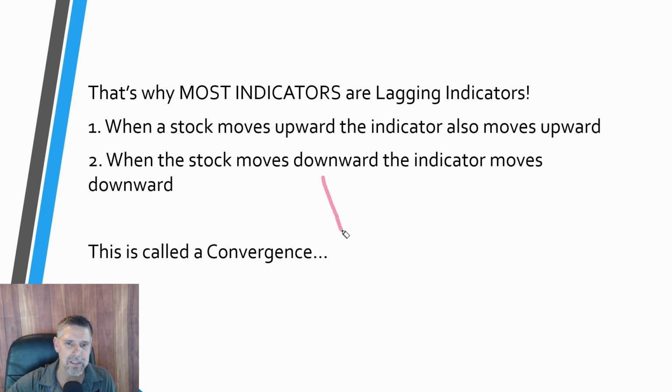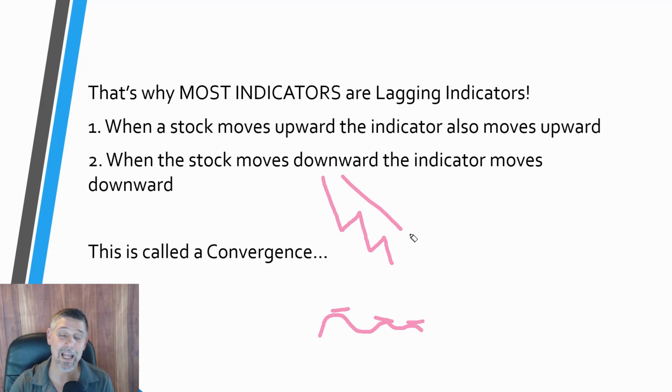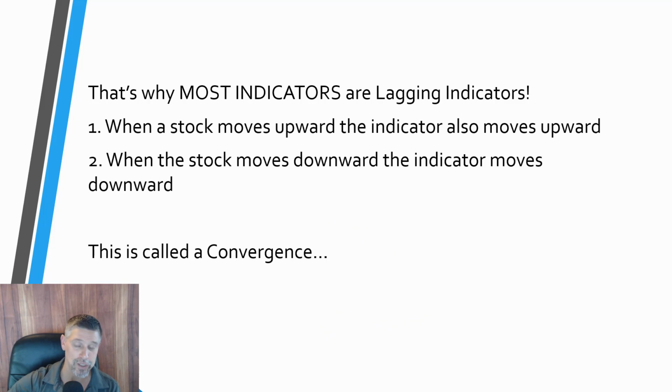Now, when a stock is in a downtrend, we expect the indicator highs and lows to be going down, right? Just like the price. Now, remember, price leads the indicators, right? Price, which is the horse, pulls the cart. So that is called a convergence when they are in sync, right? No problem.